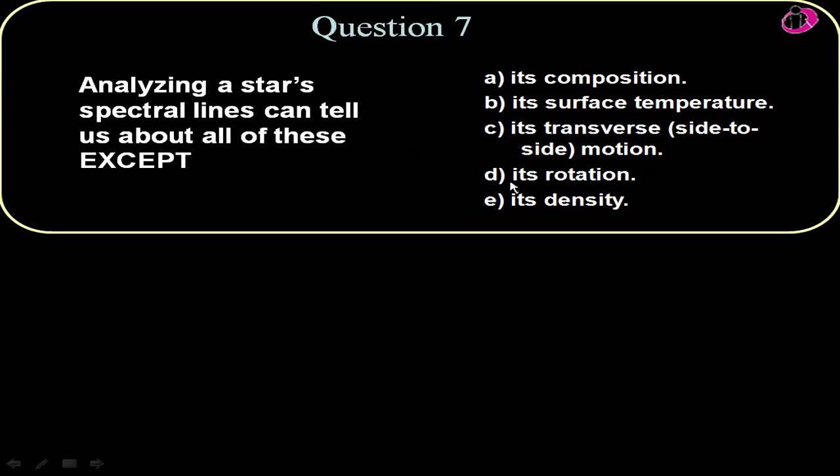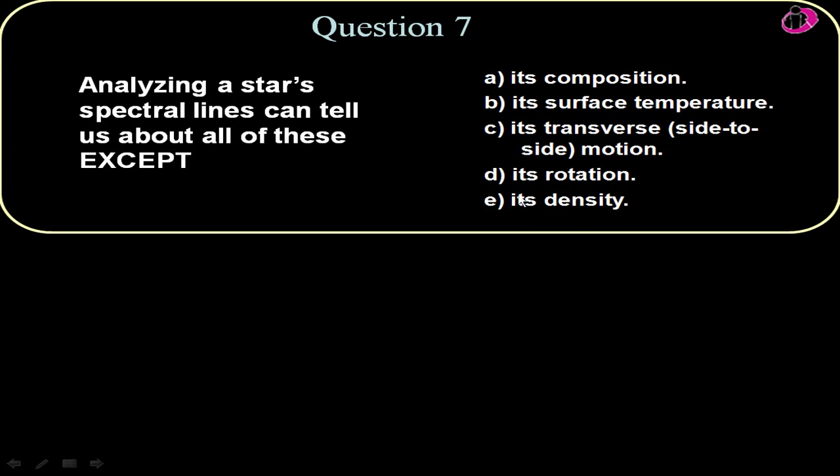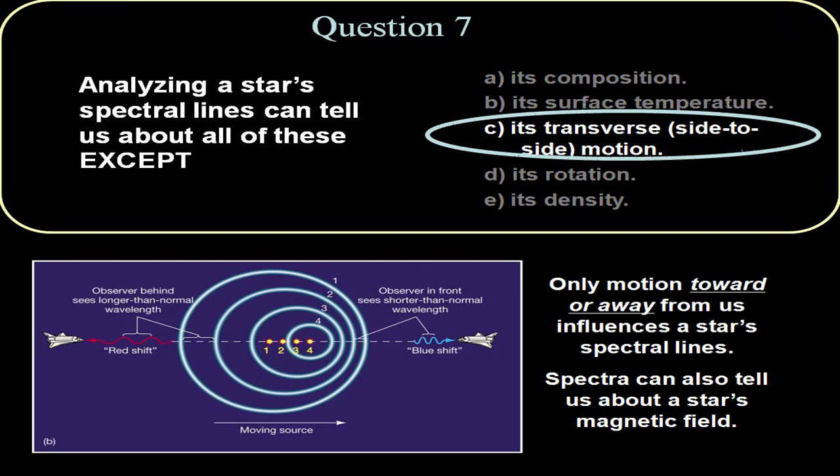We can get its rotation from the Doppler shift and its density from the spread of the spectral lines. We can't get its transverse side-to-side motion. That's transverse to the motion, not either forward or away, or towards us or away. So we have to use a different technique to figure out its transverse side-to-side motion. So we can't get that.